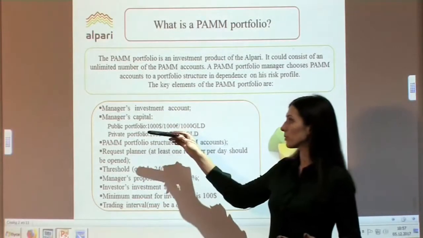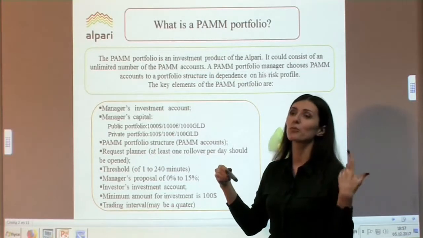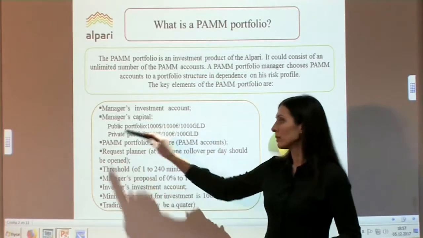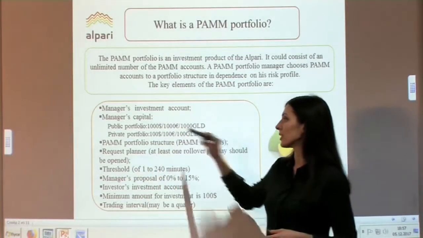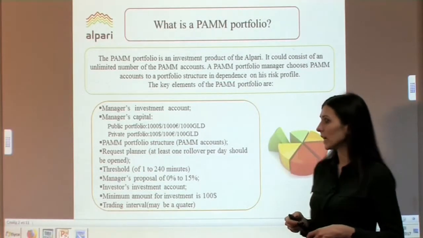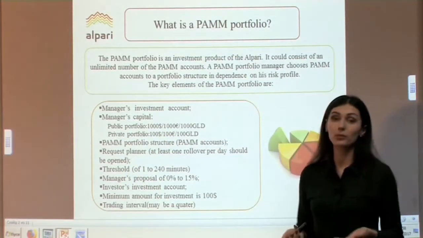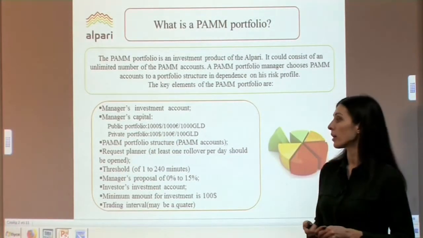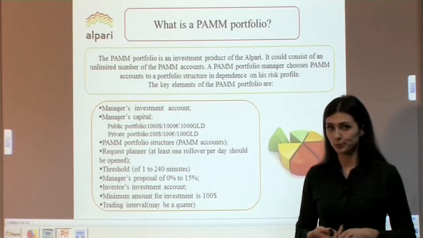For a public PAMM portfolio, the manager should deposit $1,000, 1,000 euro or 1,000 GLD, and if the manager wants to open a private PAMM portfolio, $100, 100 euro or 100 GLD is enough.